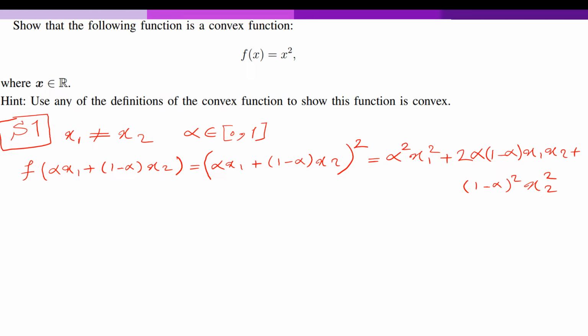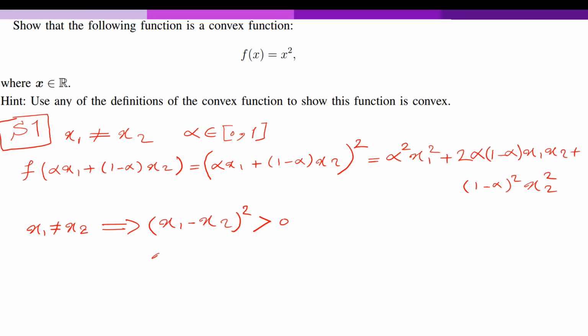So we know that x1 is not equal to x2. Based on this, we can say that x1 minus x2 raised to the power of 2 is greater than 0.